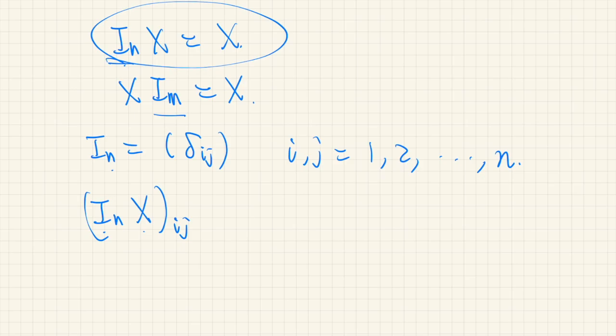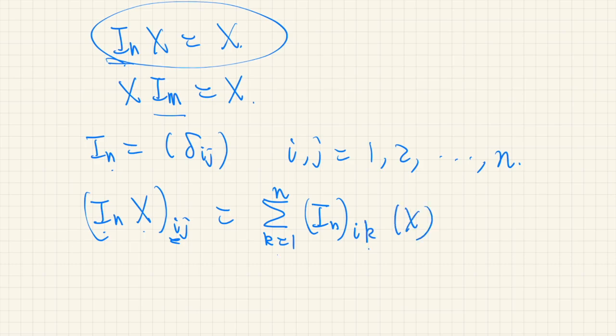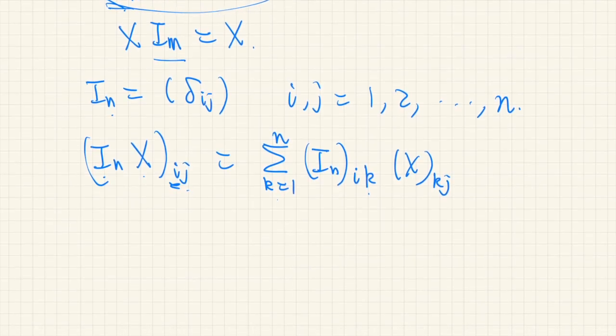So let's consider the ij element of this product. By the definition of matrix multiplication, we have the sum over k from 1 to n of I_n's ik element times X's kj element, right?